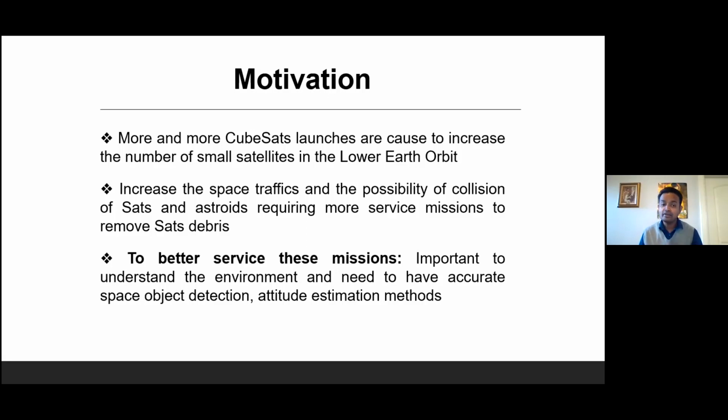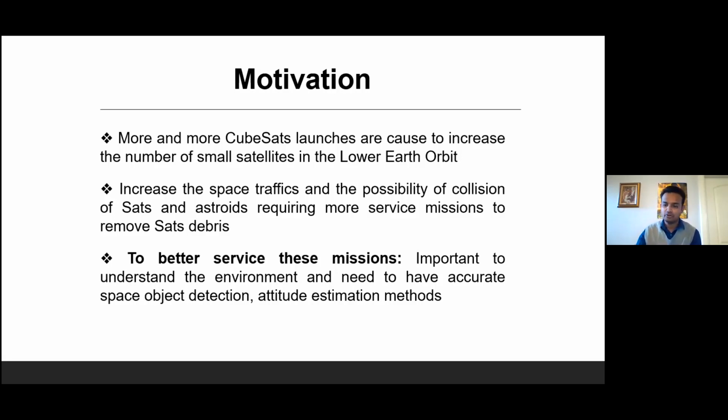So it requires more service missions to remove debris. So I thought, this is a good opportunity if I can build something that can detect CubeSats in close proximity and make the autonomous vehicle understand its surroundings. So that is my objective.